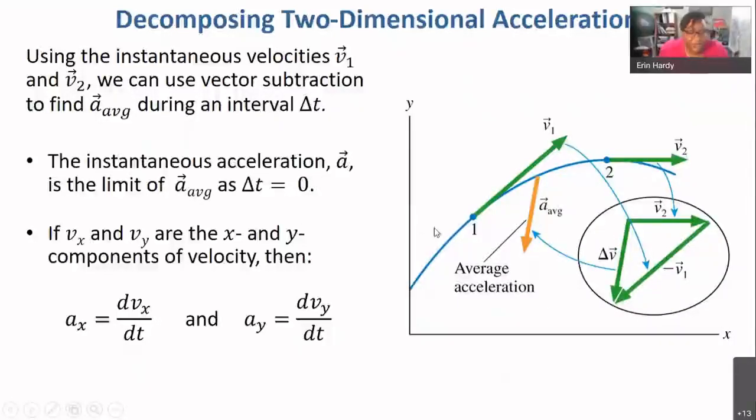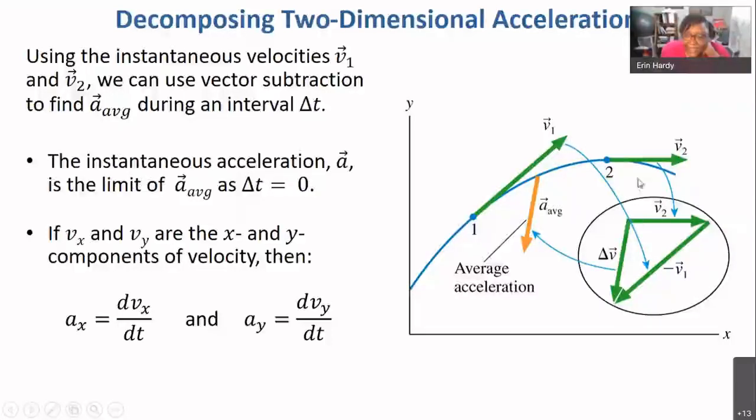What we are really concerned with for this slide, though, is figuring out what the average acceleration vector is, how it needs to be oriented. And we can go back to that first slide from this half of the chapter and remind ourselves that if we can find delta v vector's direction, the average acceleration vector is going to be the same. Because our delta t is a scalar, it can't do anything to change the orientation, just shrinking or stretching the vector.